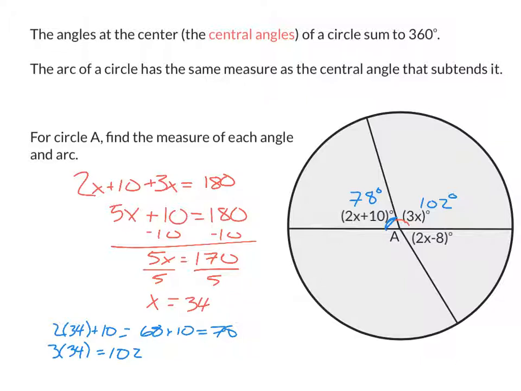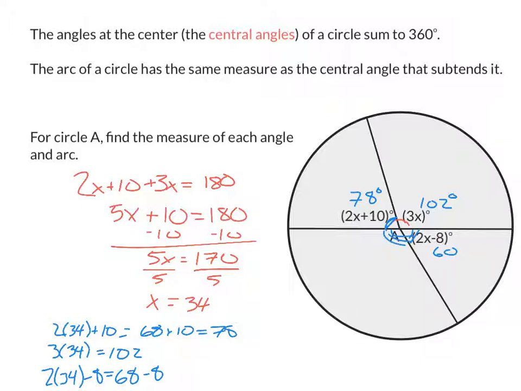And the last angle that we can do with x is 2 times 34 minus 8. 2 times 34 is still 68. Minus 8 gives us 60 for that angle. So what is our missing angle over here?